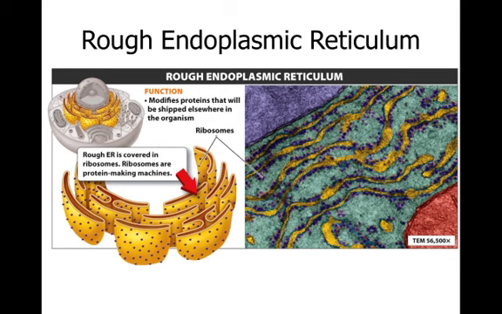And that actually happens inside of the rough ER. So our ribosomes will make our primary structure, just that string of amino acids, and push that string of amino acids into the rough endoplasmic reticulum.